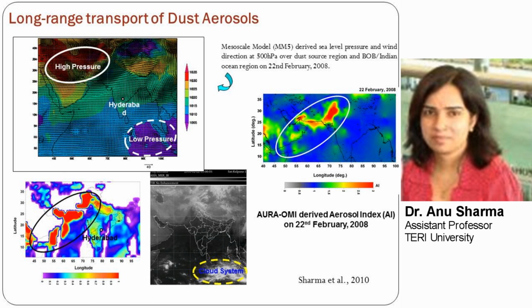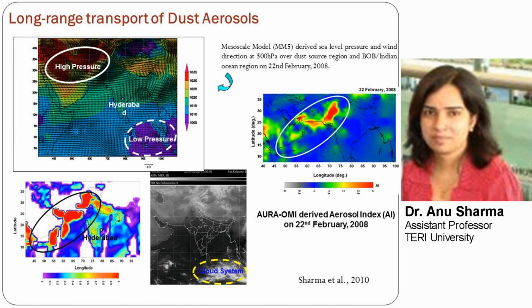Another important piece of evidence that we found is that mostly, whenever there is a low pressure system in the Bay of Bengal, it creates a high pressure over the Arabian region, and because of intense winds, this pulls up dust from these desert regions. This is the most debatable point, because many researchers say that no, this is not happening, and that this low pressure is not always responsible for the dust storm.